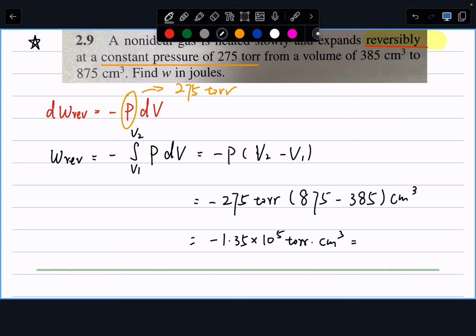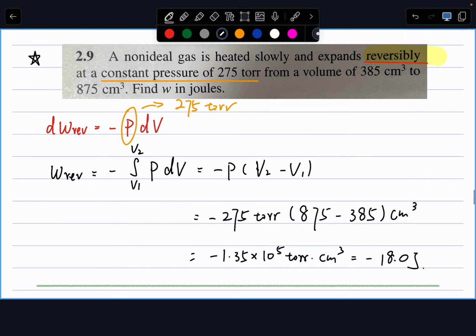You can do the unit conversion to negative 18.0 joules. And if unit conversion is needed, I'll make sure to tell you how to convert between torr cubic centimeter and joule or something. You're just responsible for knowing what numbers to plug in. I might give you 5 different units, so you can just play around with them.